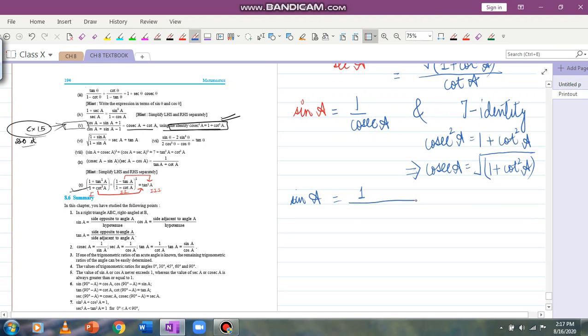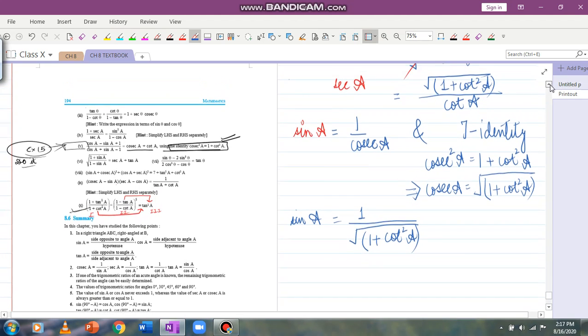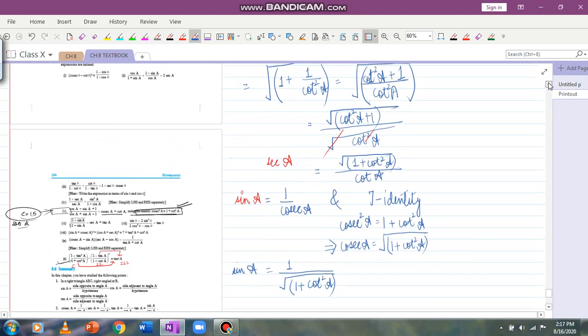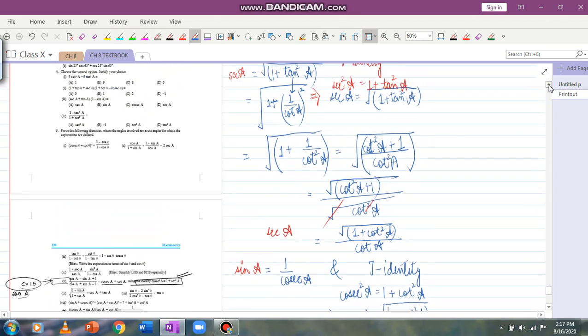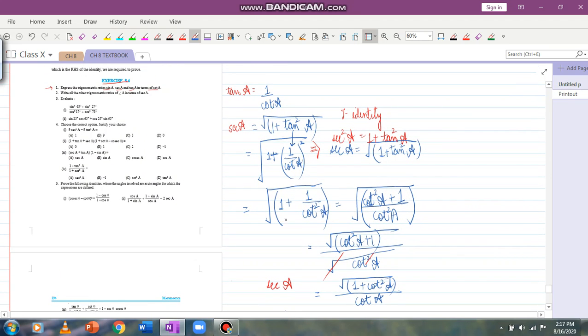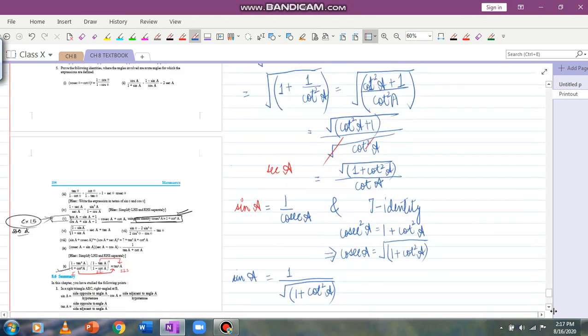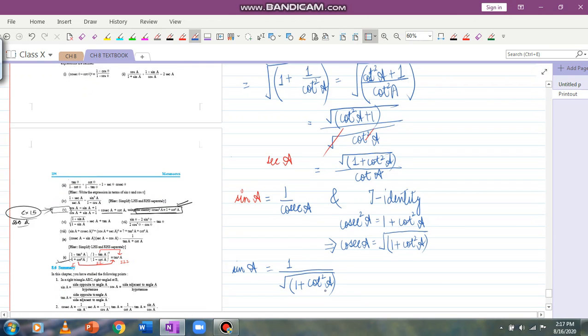Sine A equals to 1 over square root of 1 plus cot square A. So this is how we have written tan, secant and sine in terms of cot A. Tan A as 1 over cot A, secant A as square root of 1 plus cot square A over cot A, and finally sine A as 1 over square root of 1 plus cot square A.